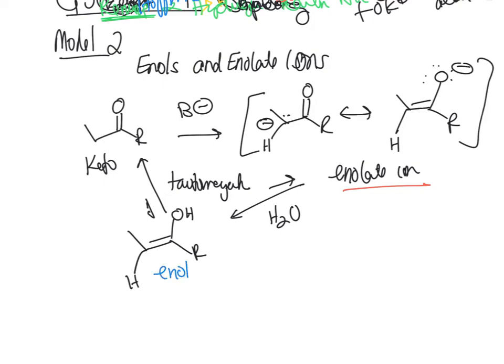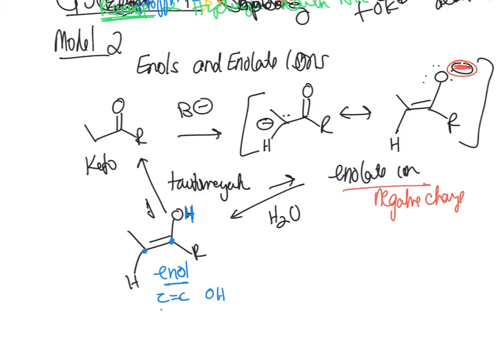The biggest difference I see is the negative charge. Here you have a hydrogen on the oxygen. So there's the difference. Enol is ene, double bond, carbon, double bond, and ol is an alcohol.